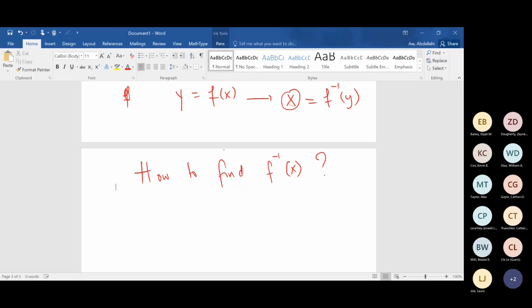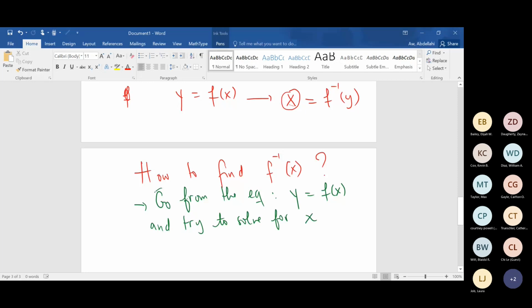So basically, go from the equation y equals f of x and try to solve for x. That is finding the inverse.